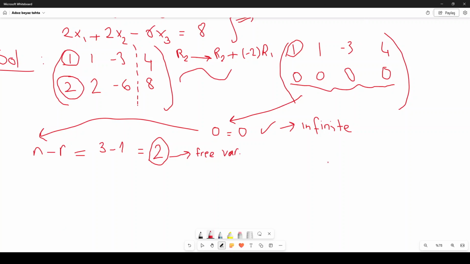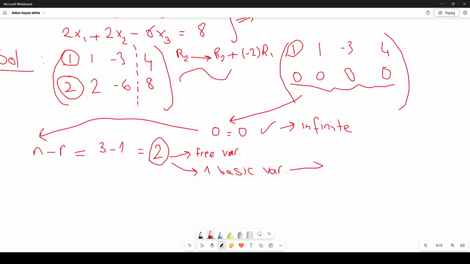And how many basic variables do we have? We have 3 unknown variables, and if 2 of them are free variables, then we have 1 basic variable. All right. And what are these variables? How would we decide?